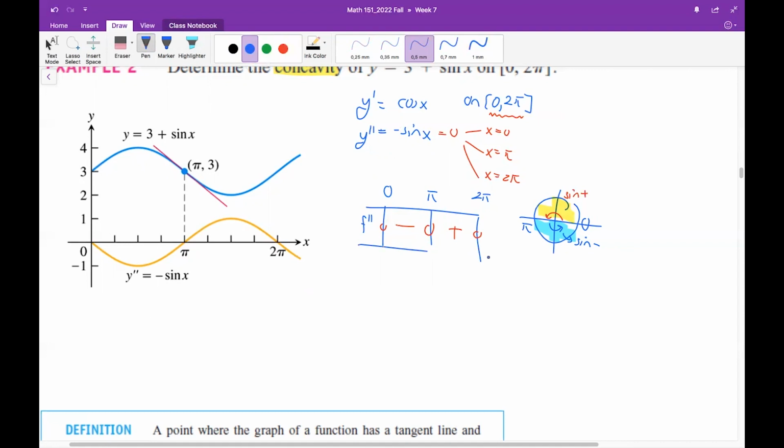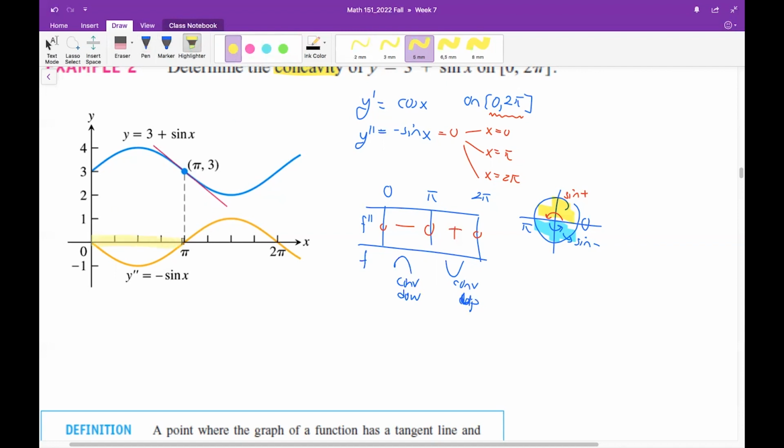After you detect the signs of the second derivative function, you can put concavity information for the original function. Negative means concave down, positive means concave up. Concave down function you expect over the 0 to pi interval, and you expect a concave up function here. So let's verify all this information on the graph.